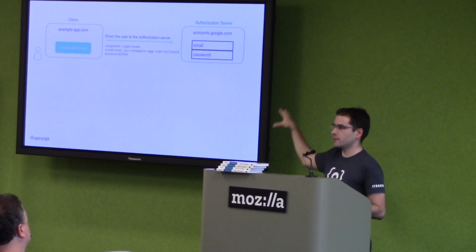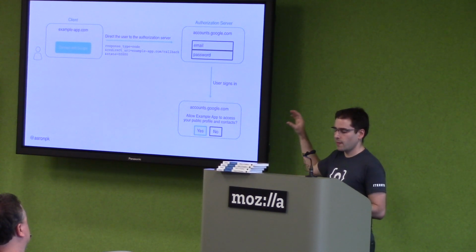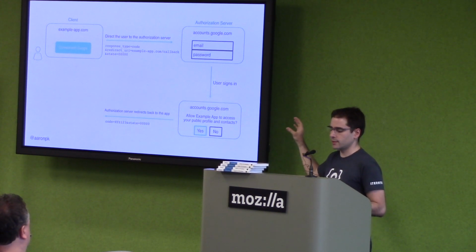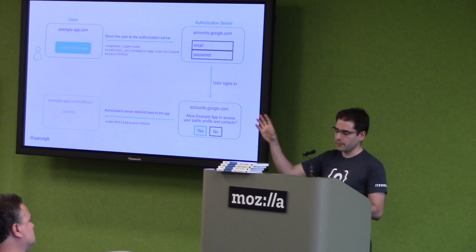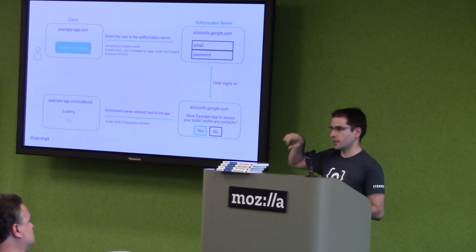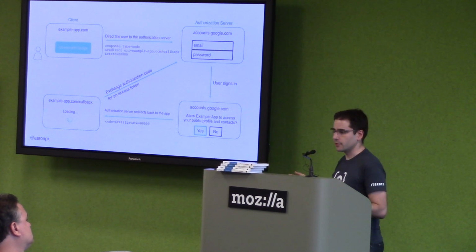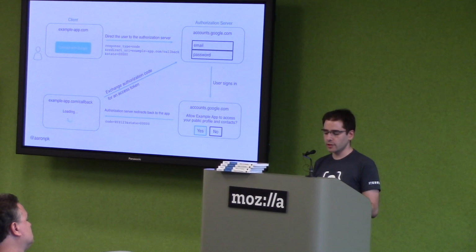They get directed to the authorization server where they log in and see the request to authorize the application. The server then sends the user back to the app with the code and the state. The app sits there and behind the scenes is making a post request back to the authorization server to get an access token. So that's the step-by-step of the authorization code flow.